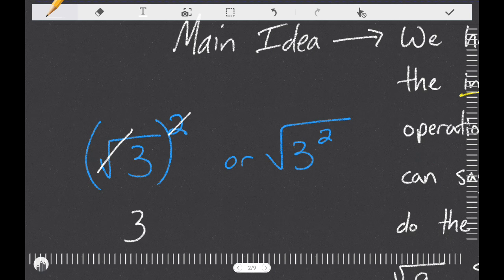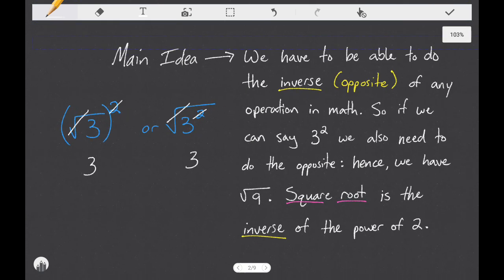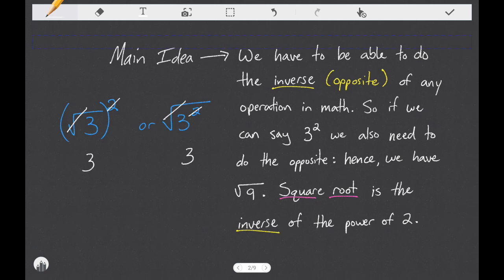Another way to think of it is this: what if I had 3 to the power of 2 and then I square root that? These are opposites. They cancel. So I have just the number 3. The power of 2 and square root are opposites, or inverses, of one another.